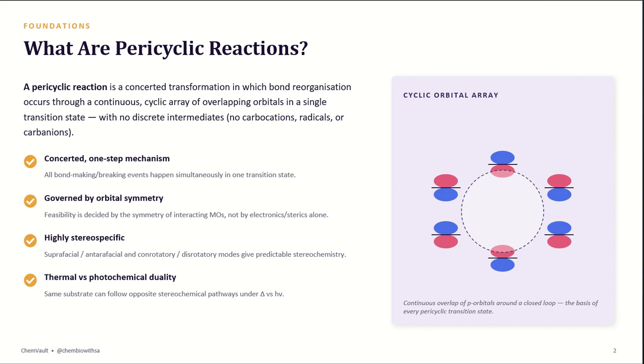And here's something that makes the topic exam friendly. Once you understand it, the same starting material can give completely different stereochemistry depending on whether you heat it or shine light on it. That thermal versus photochemical duality is going to come back again and again in this lecture.